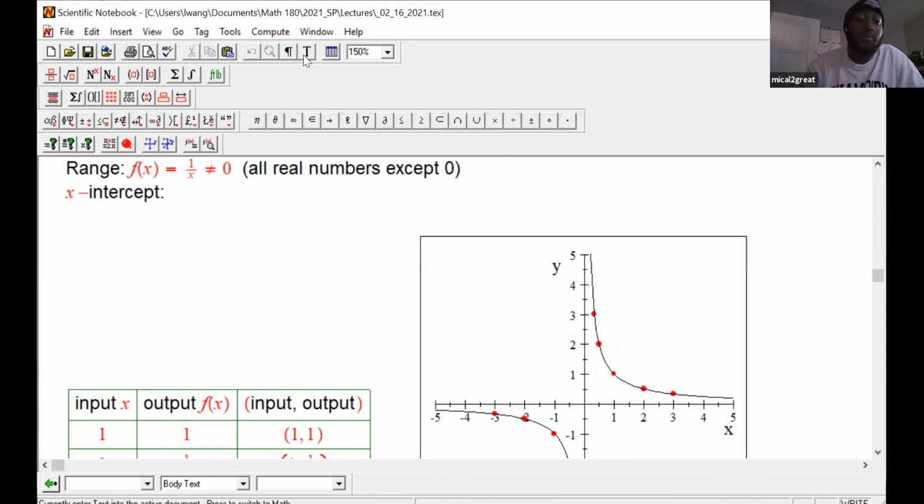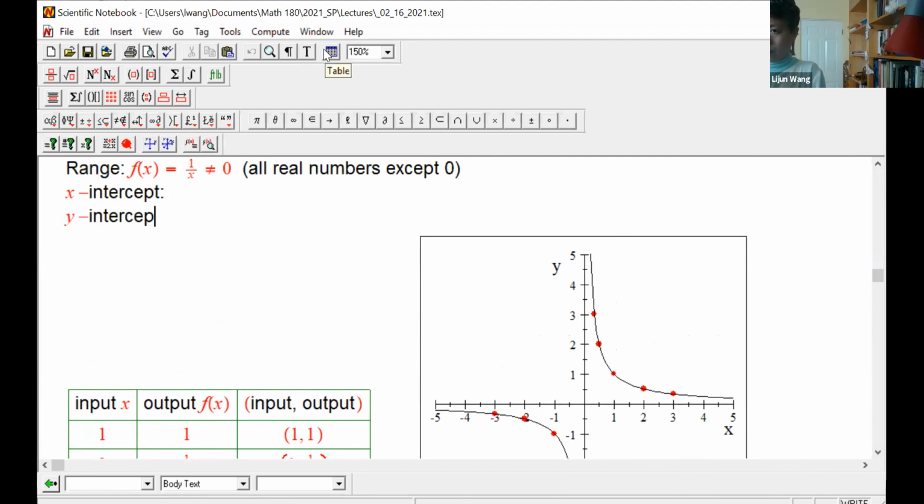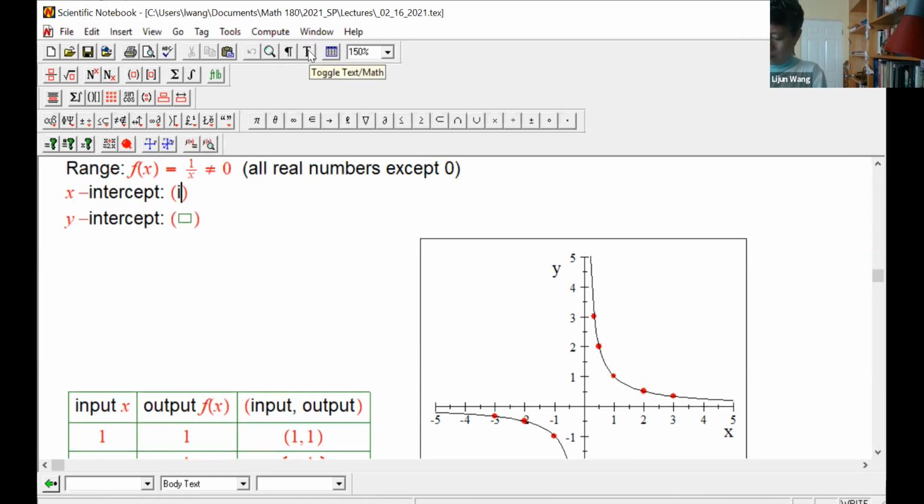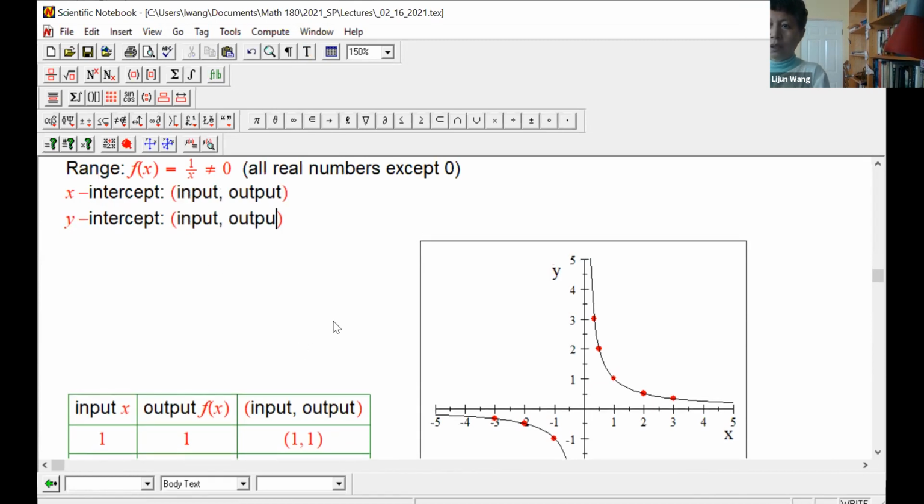Zero for both? How should an intercept look? There is a pair of numbers, one is the input, the other one is the output.